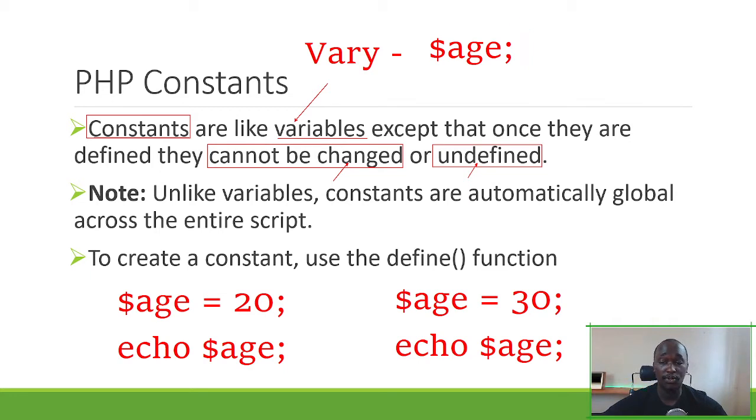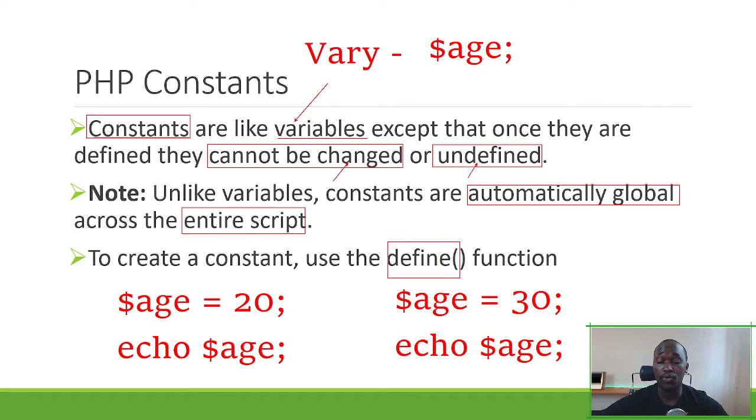The other thing to note is that unlike variables, constants are automatically global variables. So they have a global scope. They can be accessed from anywhere in your code or in your page.